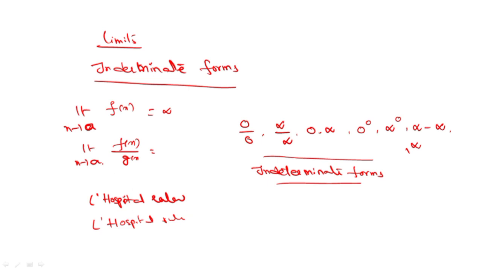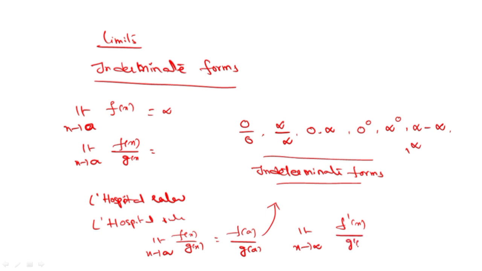So what it says is that if the limit, by substituting x equals a, of f of x by g of x becomes one of these indeterminate forms, that is f of a by g of a is one of these indeterminate forms, then using L'Hopital rule we can write it as f dash of x by g dash of x, the derivative of the numerator by the derivative of the denominator, and substitute the limit value there.